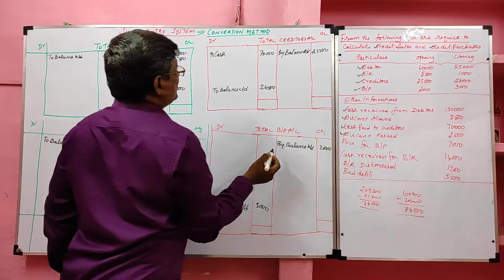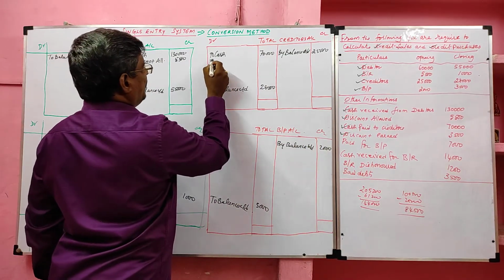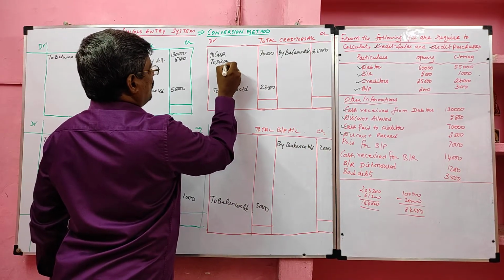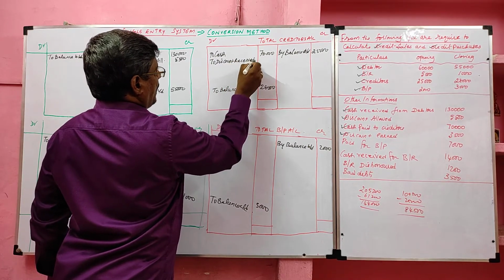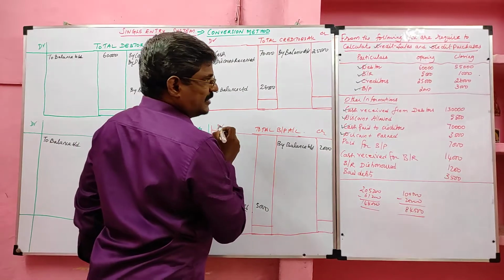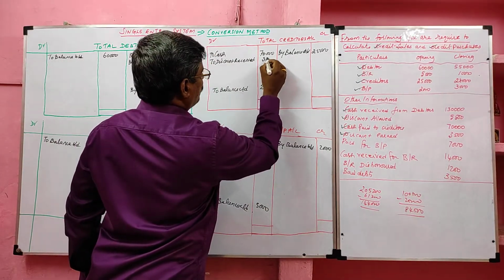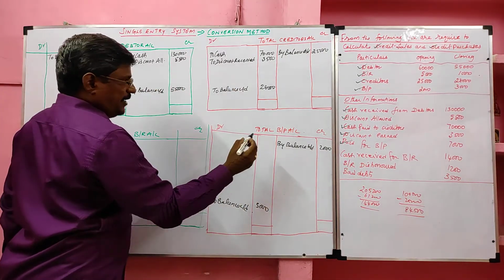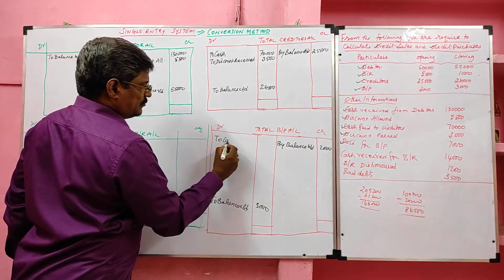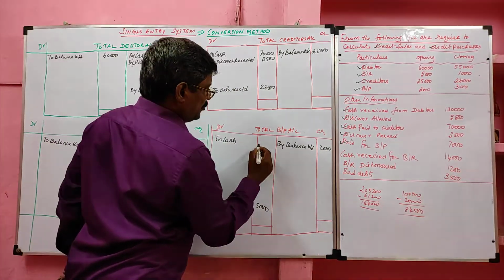Discount received from creditor will be debited to the creditor account, value 3,500. Then paid for bills payable, it will be debited to the bills payable account to cash, the value 7,000.